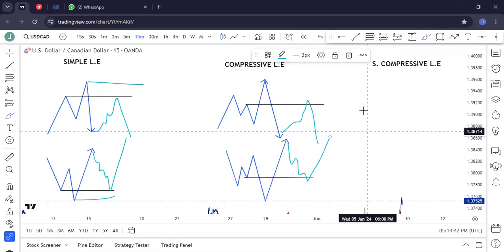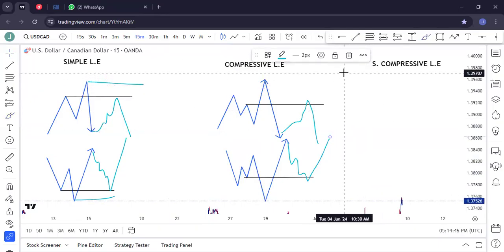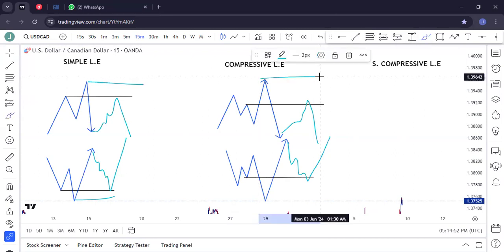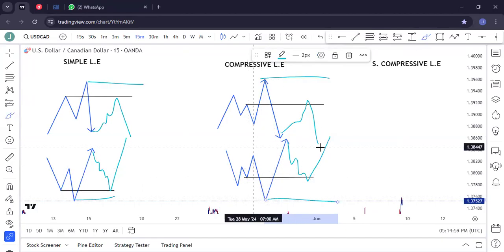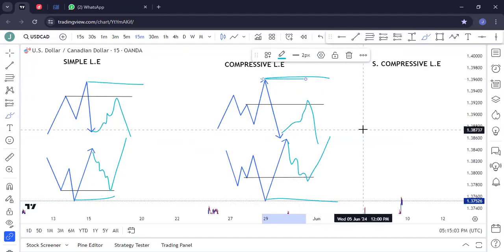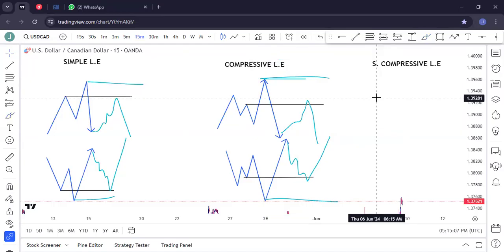You understand this point? Yes, sir. The stop loss, where should we put it? We put the stop loss at this reclaim point here. The last high before the change of character is where we put the stop loss.